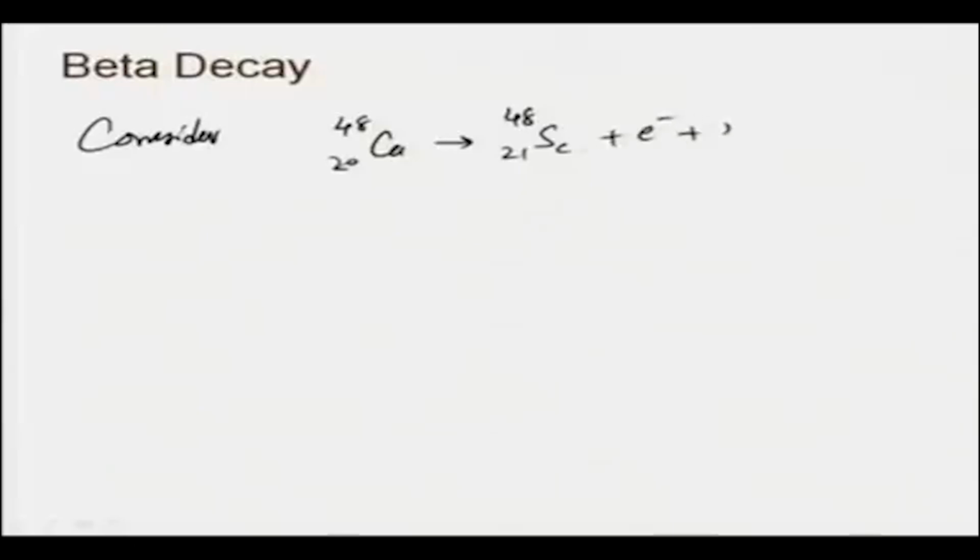Now, let us consider calcium, 20 protons, take the isotope with 48 as the mass number. If we consider the beta decay of this, the possibility is that it goes to scandium 48 plus electron plus antineutrino.